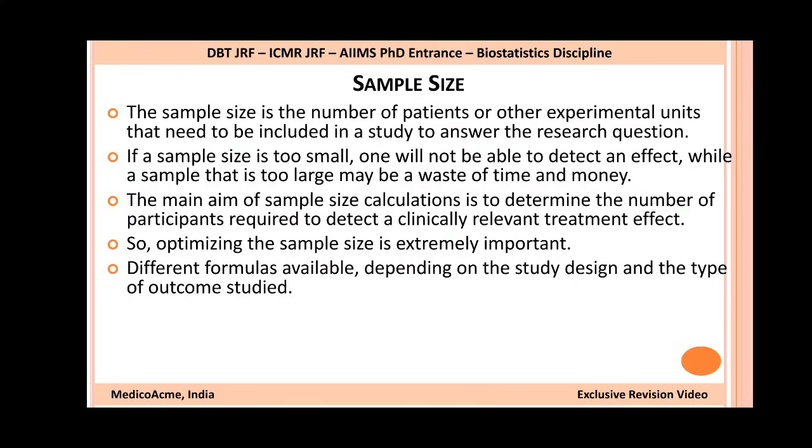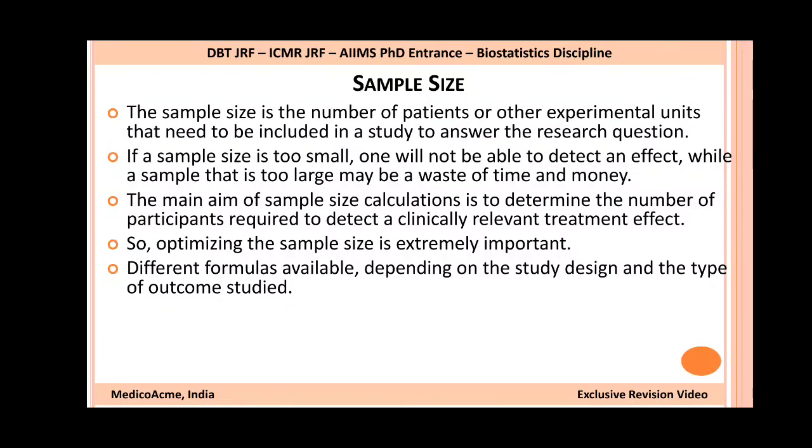So it is important to have a clinically relevant treatment and effect in the population. The ultimate goal of the research is that you are going to publish your paper, and all the things in the paper should be significantly manifested. So for significant manifestation of the data, the sample size should be strictly optimum.